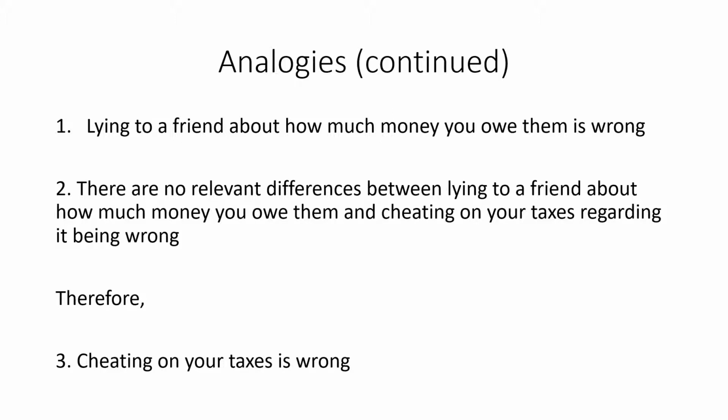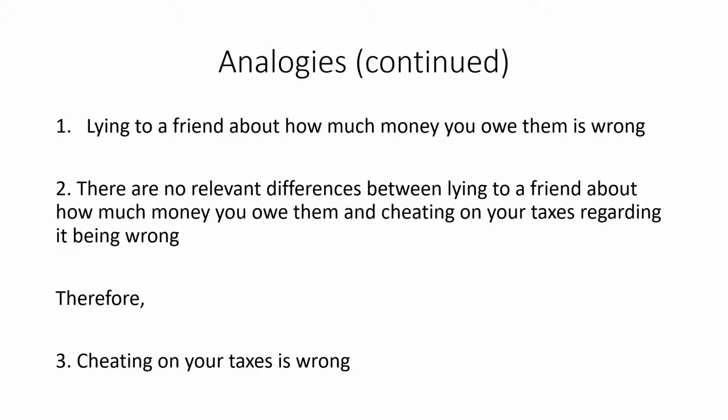Going back to the original time when we heard the argument, we pointed out the difference that one's lying to your friend about how much money you owe them, the other one's lying to the government, and it's talking about the person who you're doing the lying to. So some might say, well, that is a relevant difference. It's okay to lie to the government about how much money you owe them, but it's not okay to lie to a friend.